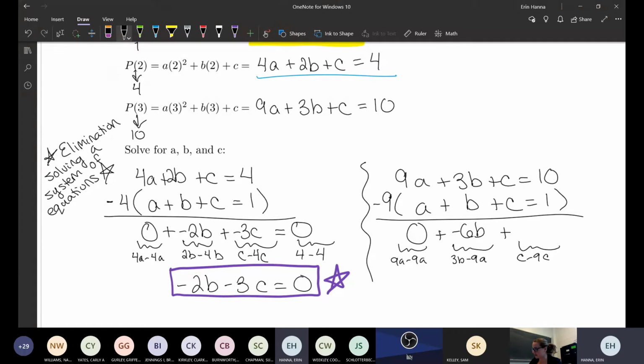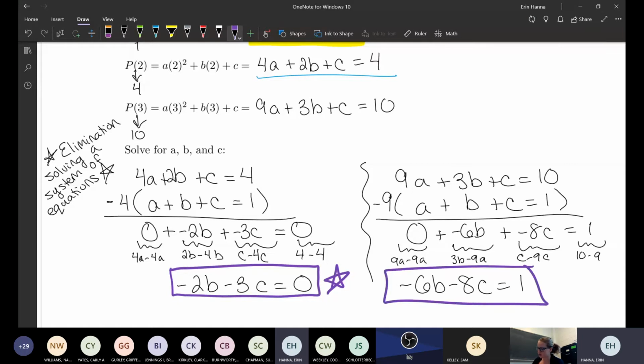C minus 9C would give us negative 8C equals 10 minus 9, which is 1. So our second equation that we get this way is negative 6B minus 8C equals 1.